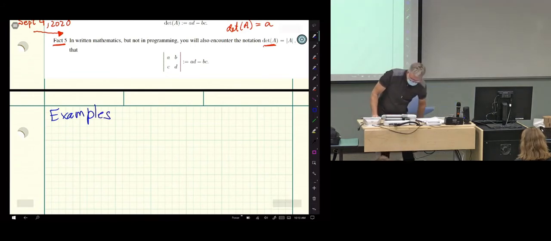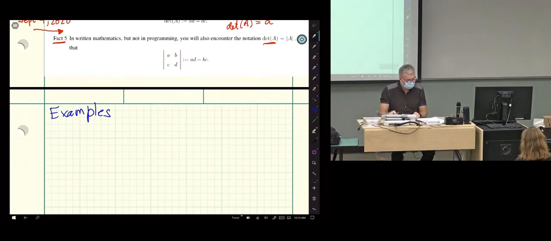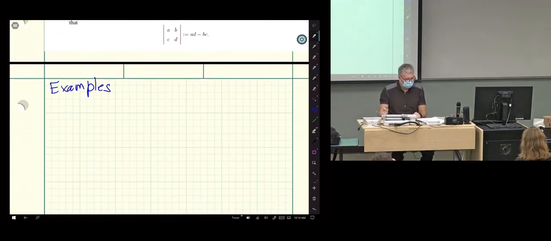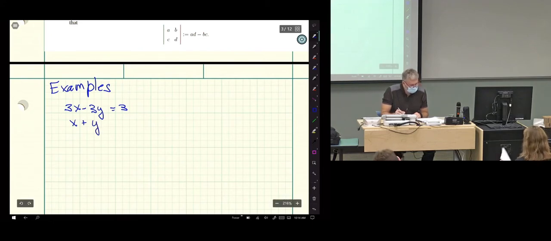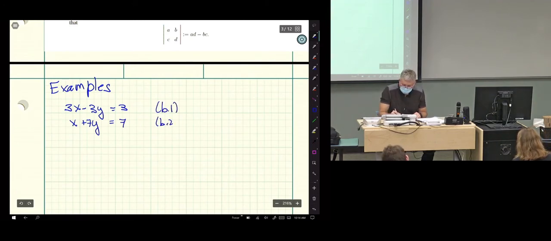And I'll see if my handwriting improves a little bit if I sit down, because I'm kind of embarrassed how it's worked out. So if we do 3x minus 3y equals 3, and x plus 7y equals 7, so B.1, B.2 on Monday.